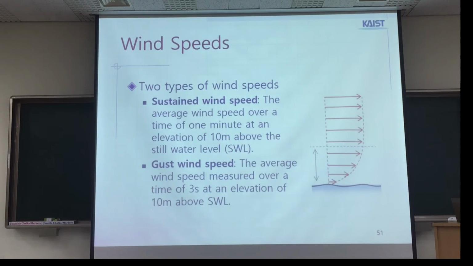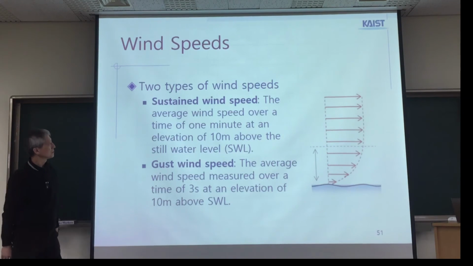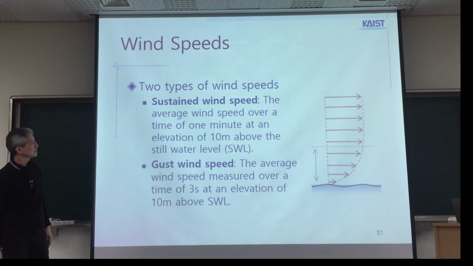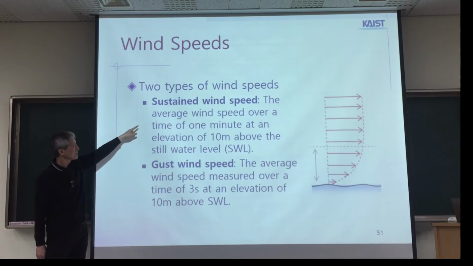And the design condition was 9 meters per second of wind speed. Right? 9. So the design speed is there. It can be a sustained wind speed, the average wind speed over a time of 1 hour.